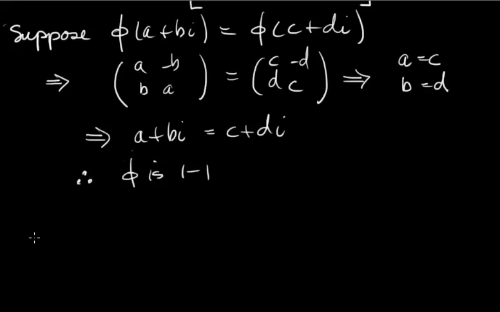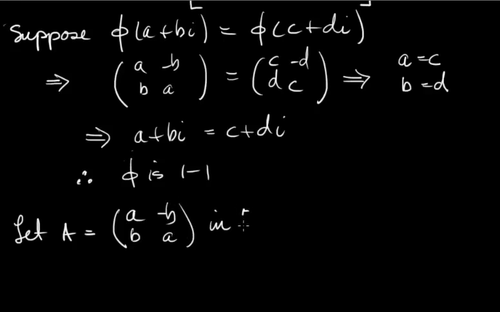Now we want to show it's onto. So we let A be a matrix in M star. So A would be of some form like this: a, minus b, b, a in M star.